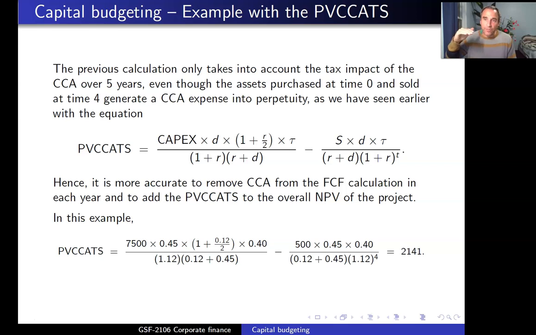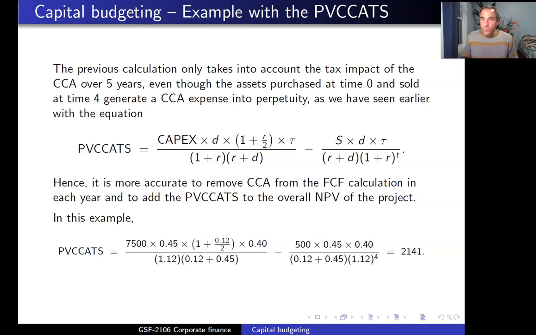One perpetuity using the first half of the capital expenditure beginning in year 1, a second perpetuity using the second half of the capital expenditure beginning in year 2, and a third portion of CCA implication coming from the sale of the assets at the end of the project.